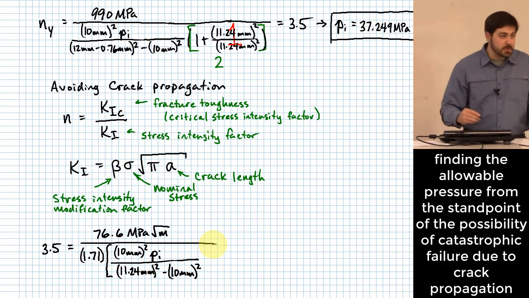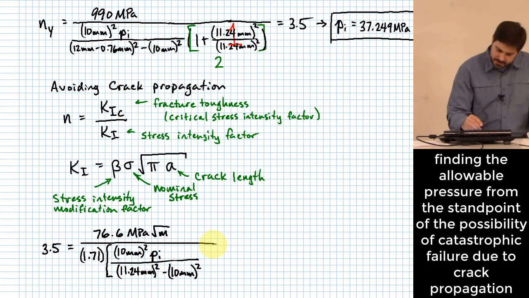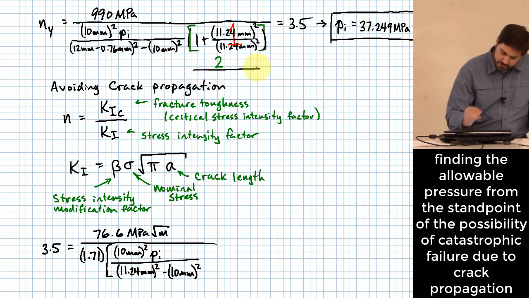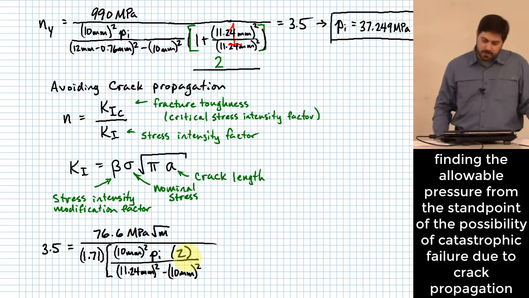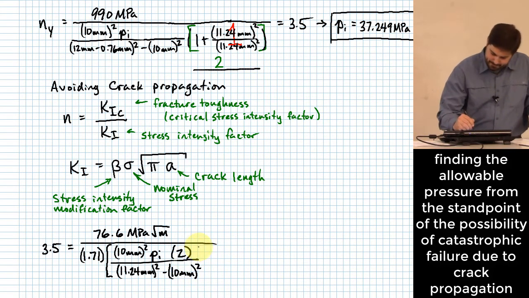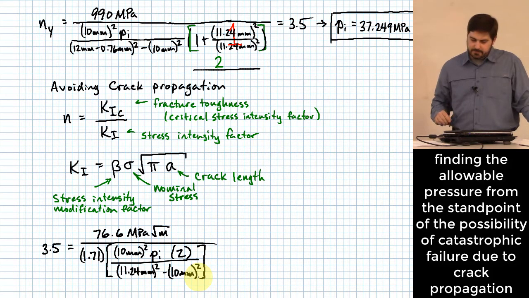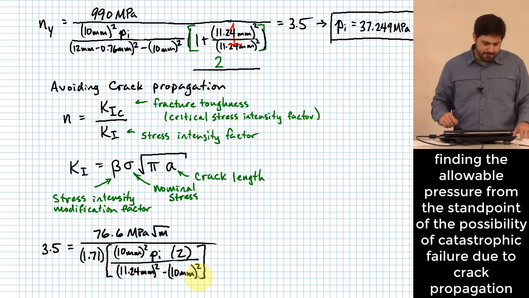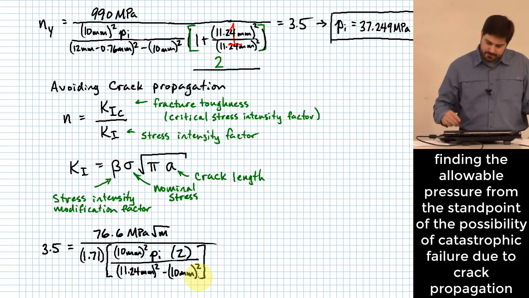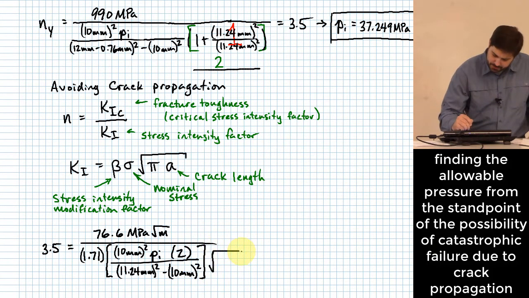That's just a factor of 2, right? All of this stuff over here was just a factor of 2. So let me just put a factor of 2 right here. All right. What else do I need in my calculation? Square root of pi times 0.76 millimeters.